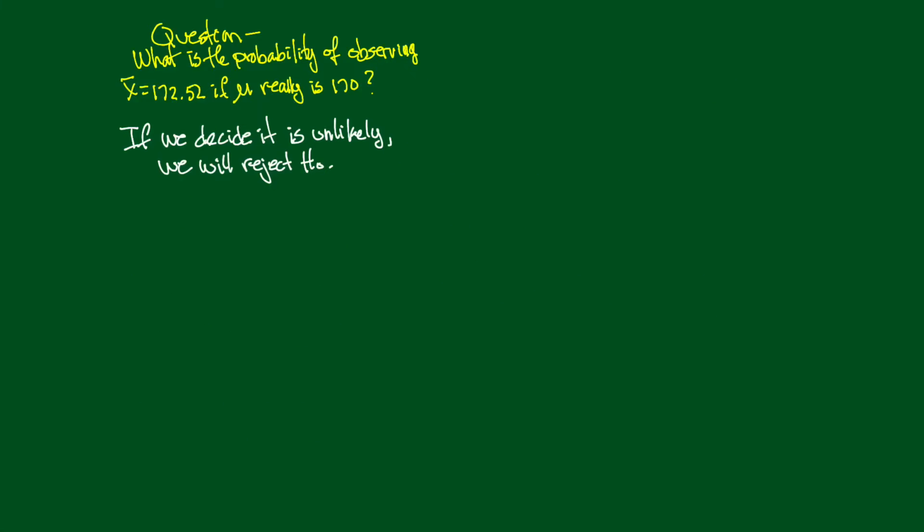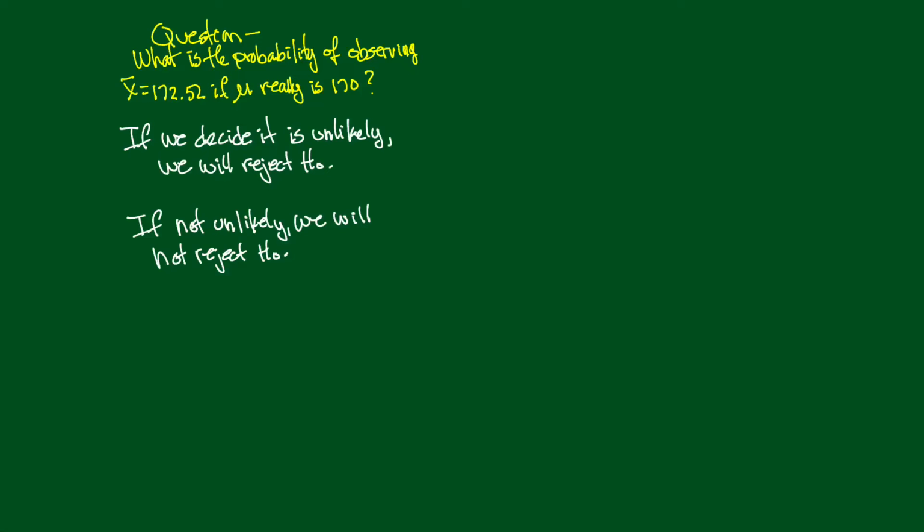Now if we decide that it's unlikely, then we're going to reject H naught. This makes sense because we are actually observing this value, and we're saying that observing this value is unlikely. And typically, we don't believe that we see unlikely events. So we're going to go with this one and reject the H naught. And then if we decide that seeing this number here is not unlikely, then we will not reject H naught.